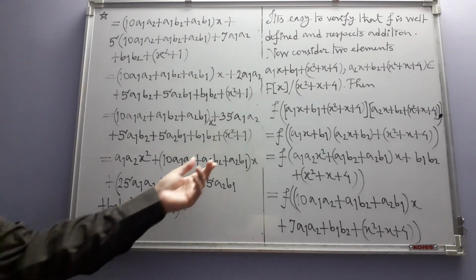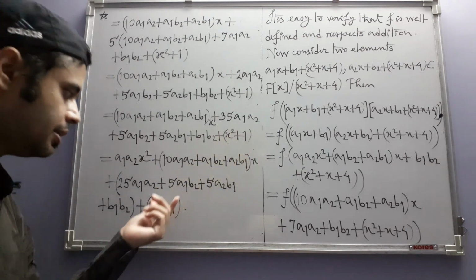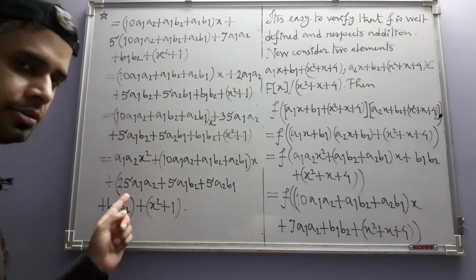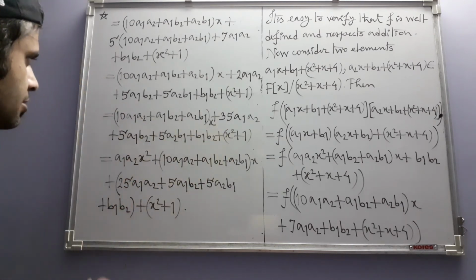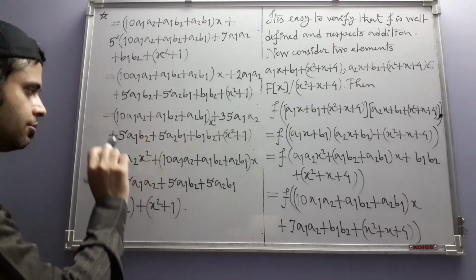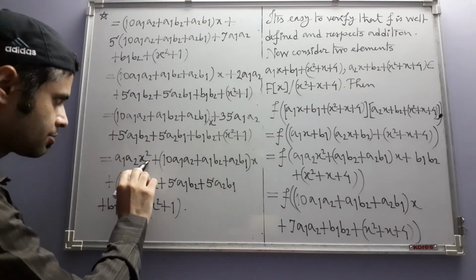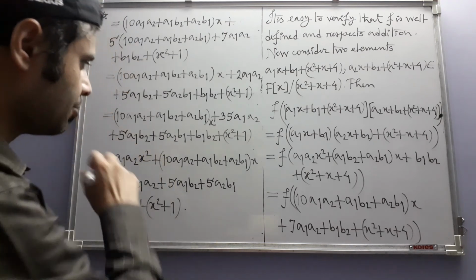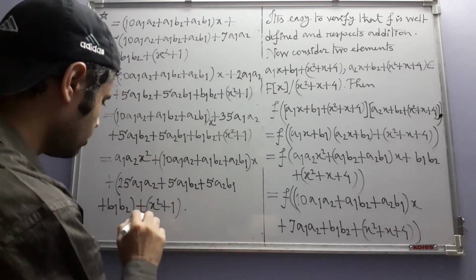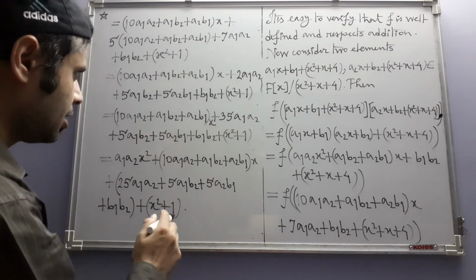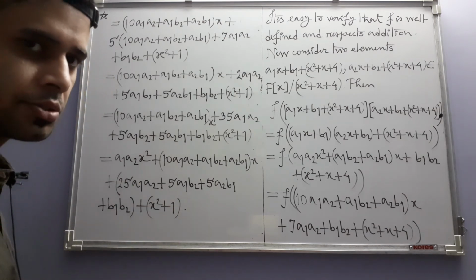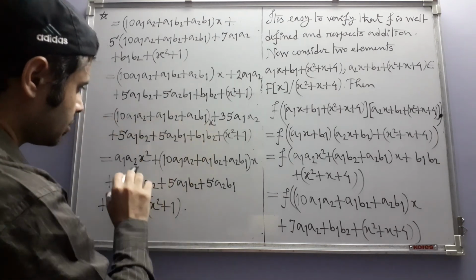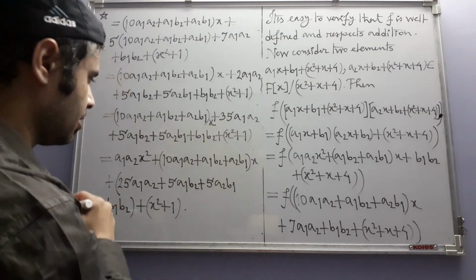That means ignoring the ideal x square plus 1, their difference is 10 a1 a2 x square plus 10 a1 a2. So it's 10 a1 a2 times x square plus 1. Am I saying it correctly? This term and this term cancel out.